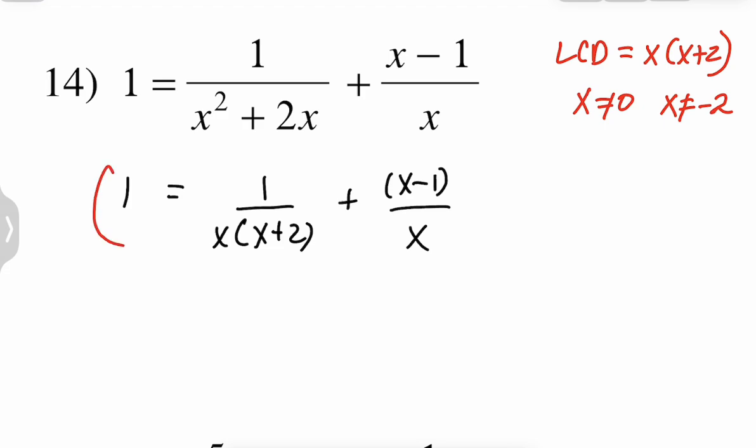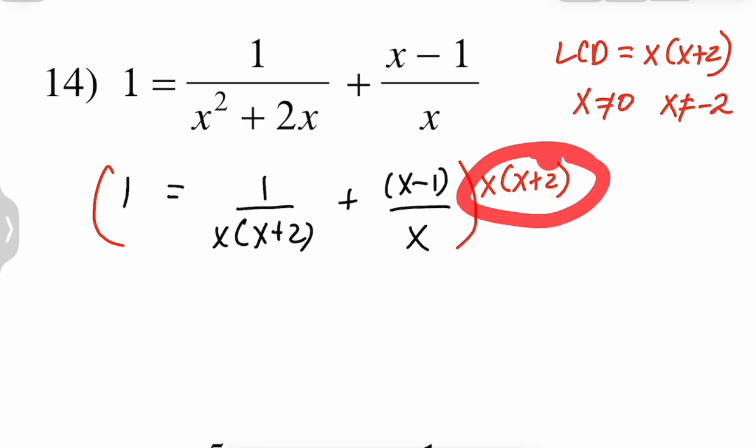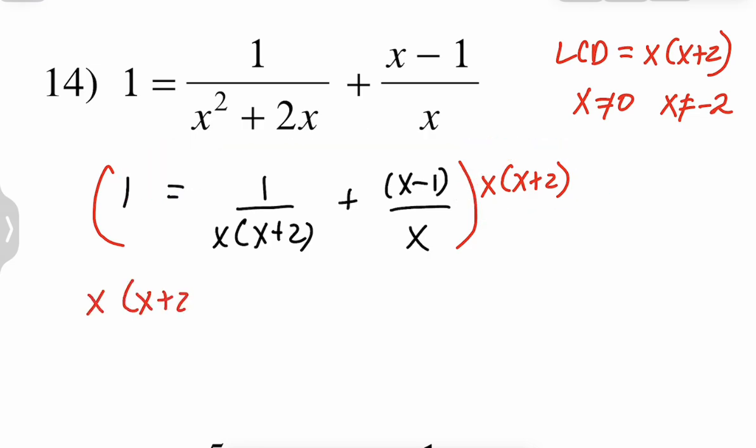Surround your equation with parentheses. We're going to multiply by x and x plus 2. Now, on the left side here, we just have a whole number 1. So it's just 1 times that junk. So 1 times anything is just itself. Now you can actually physically distribute at this point if you want to. We're going to do that in a second.